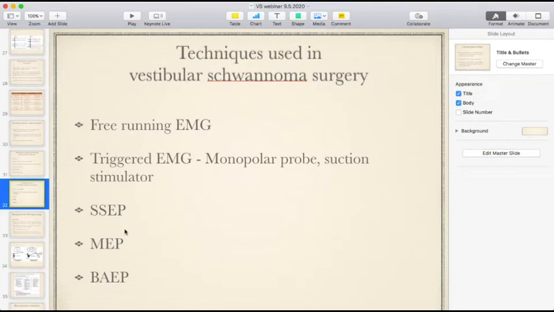Somatosensory evoked potentials and motor evoked potentials, as I had discussed, are optional and are recommended only in severe cases where there is severe brainstem distortion or we expect difficulty in the plane with the brainstem. Brainstem auditory evoked potentials can be used to monitor hearing in patients with serviceable hearing and where hearing preservation is contemplated.